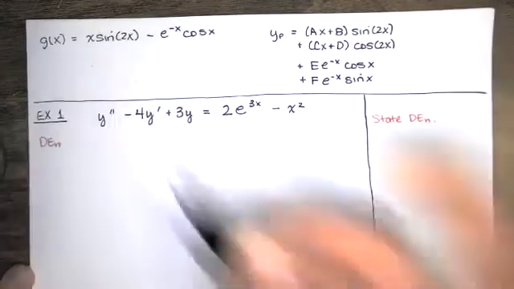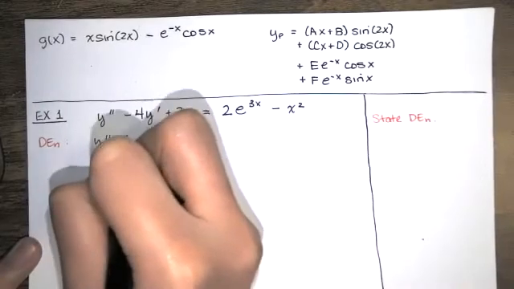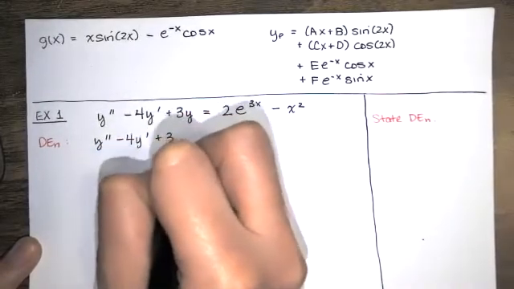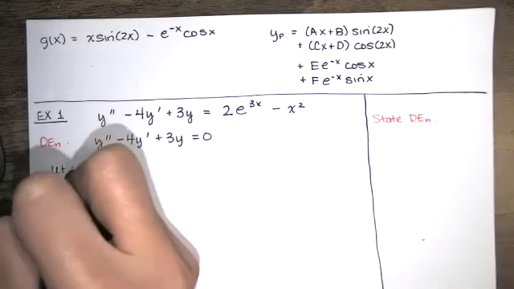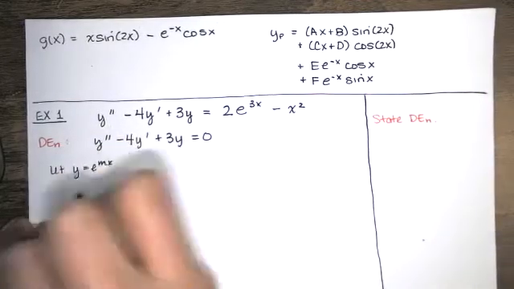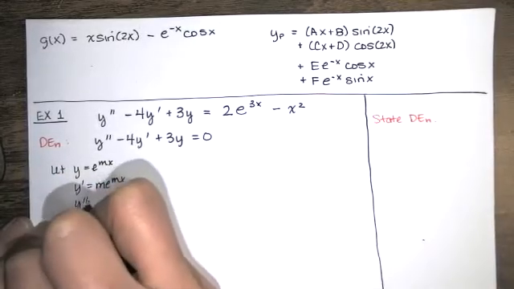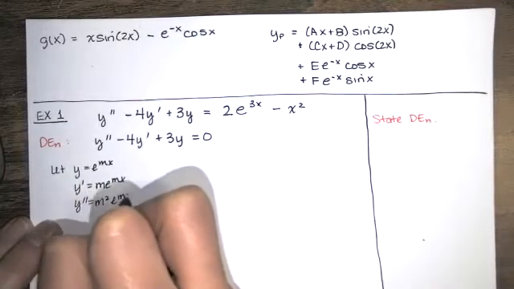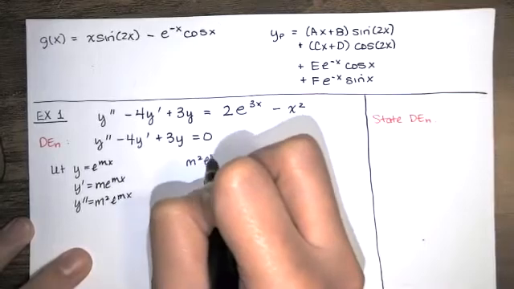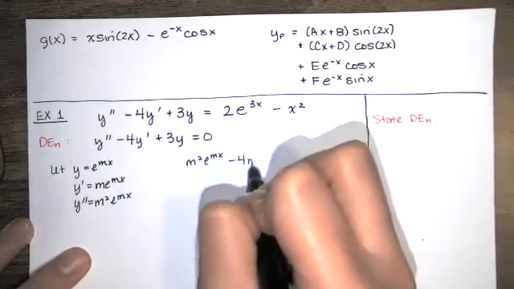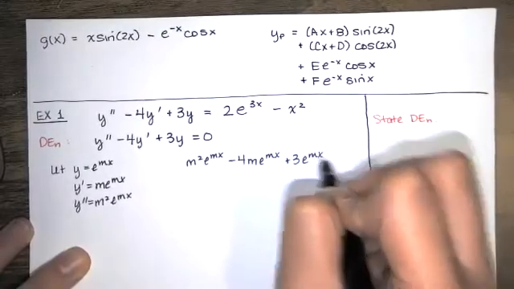So let's state the corresponding homogeneous equation and then solve it by the appropriate method. The corresponding homogeneous equation comes from setting the right-hand side equal to 0. That's a constant coefficient equation. So we'll let y equal e to the mx, then compute y prime, then compute y double prime. When we substitute into the differential equation, we get y double prime minus 4 times y prime plus 3 times y equals 0.